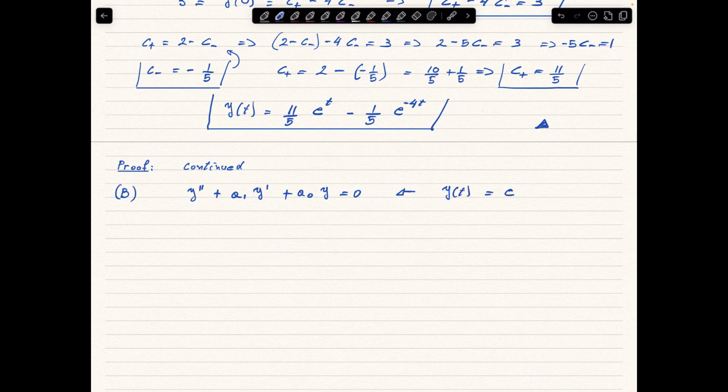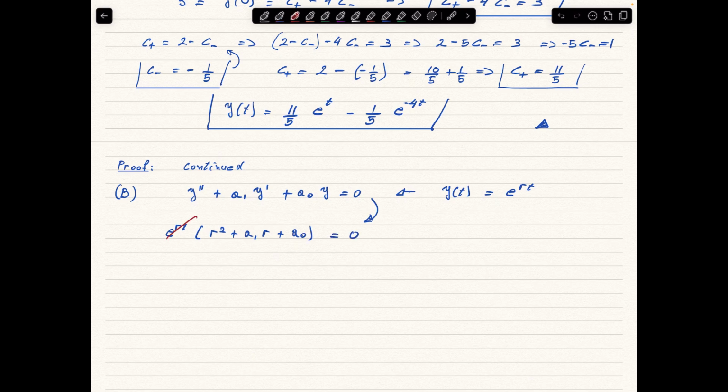We know this exponential usually works, e^(rt), and we get an equation of the form e^(rt)(r^2 + a1 r + a0) = 0.